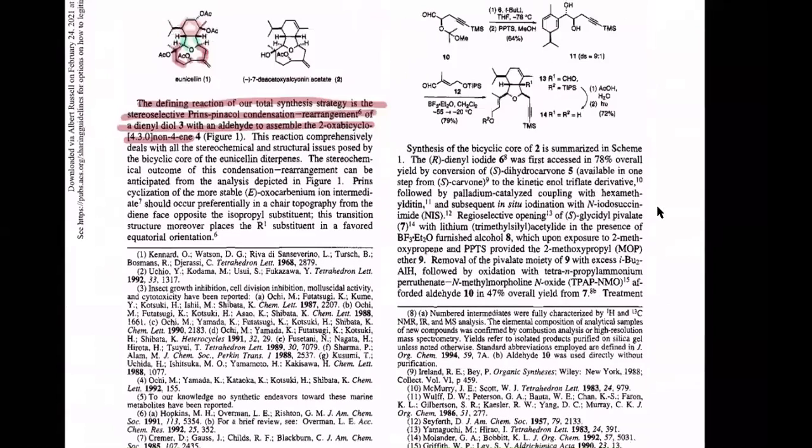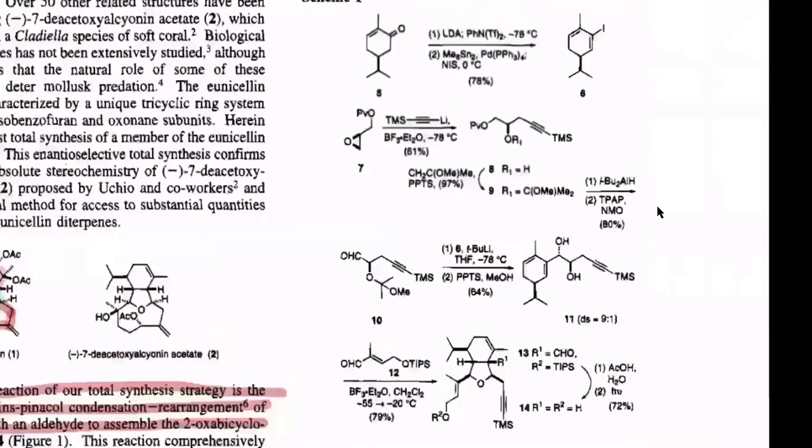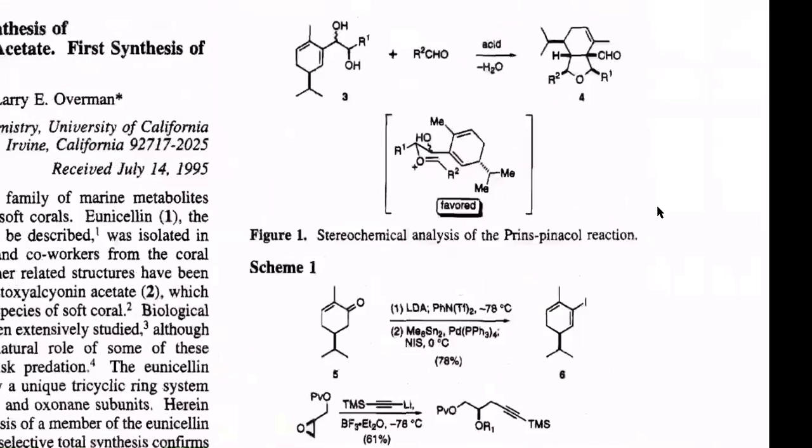I was reading in the paper that they use a little alcohol, and I was thinking maybe that's what the reagents are during that process. Like I was saying earlier, this is a method paper as well as an application paper, because the method is this Prins-pinacol rearrangement right here.